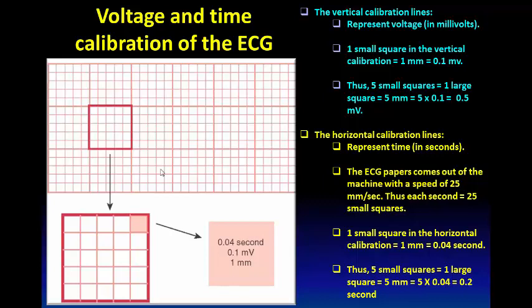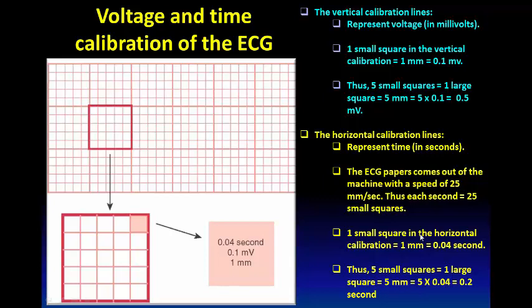So 25 small squares, from here up to here, is 1 second, or 5 large squares is 1 second. So 1 second again is equivalent to 25 small squares.